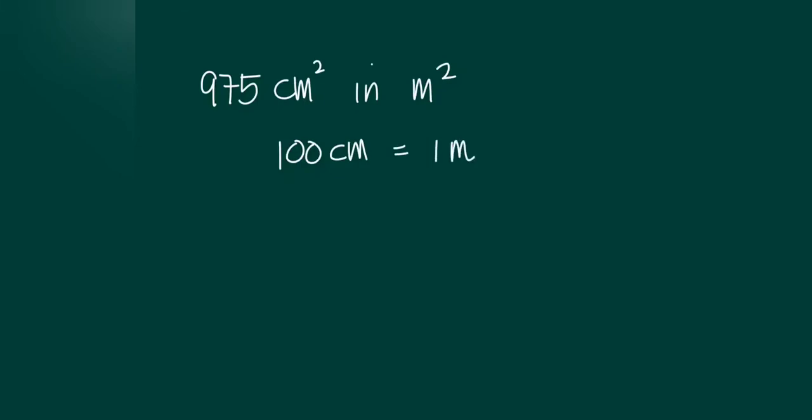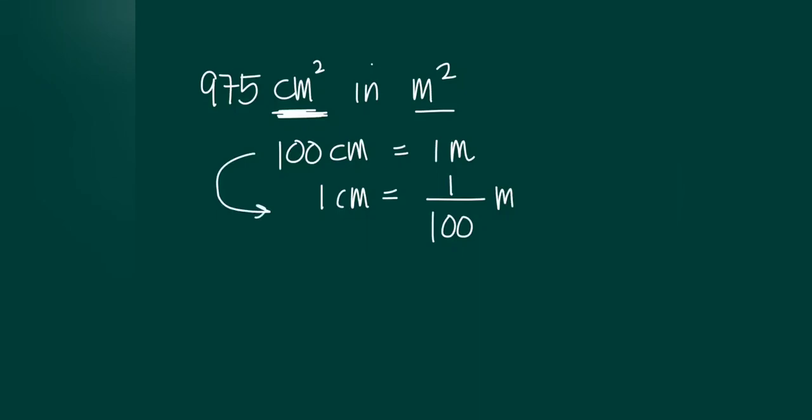Since we are converting cm squared to m squared, always produce a 1 coming from the cm. Even if we know 100 cm is equal to 1 m, 1 cm is equal to 1 over 100 m, from this step to this step, divided by 100. So the key is to produce 1 cm.